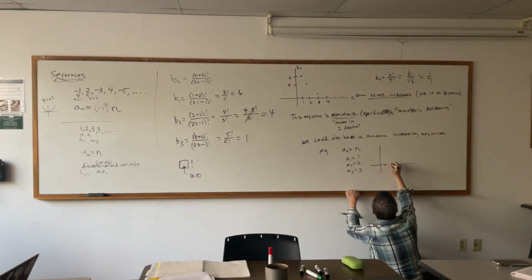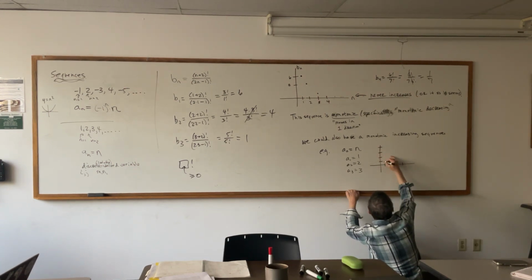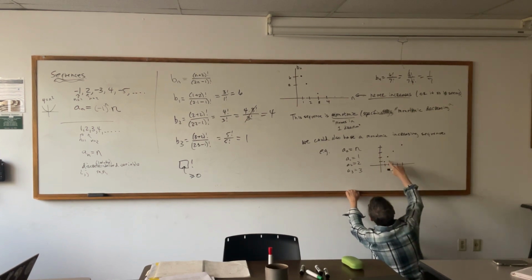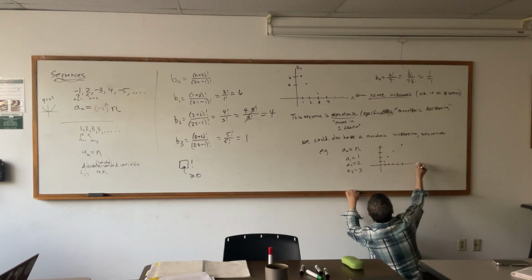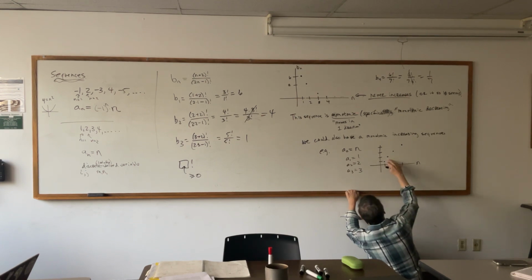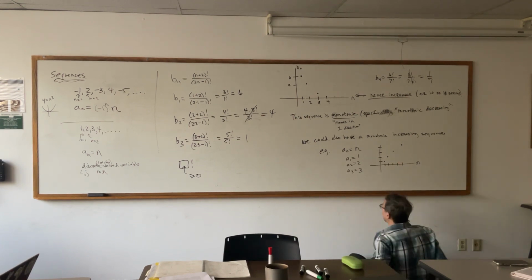So increasing would look like this. This one's quite lovely, just goes straight up like that. Don't connect the dots because we're only interested in discrete values here. You can make a plot of these things, but you have to remember you're only sampling at those whole values.